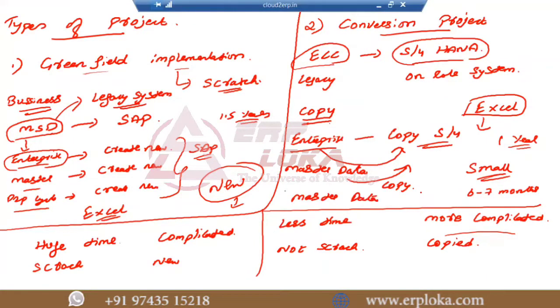Except master data, there is no issue with the configuration. The enterprise structure is same. There is no change in enterprise structure. The material master configuration is same. Okay, the business partner configuration is different. Let me list it down here.